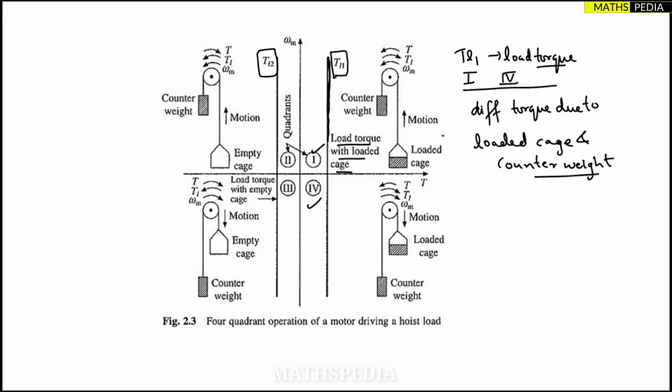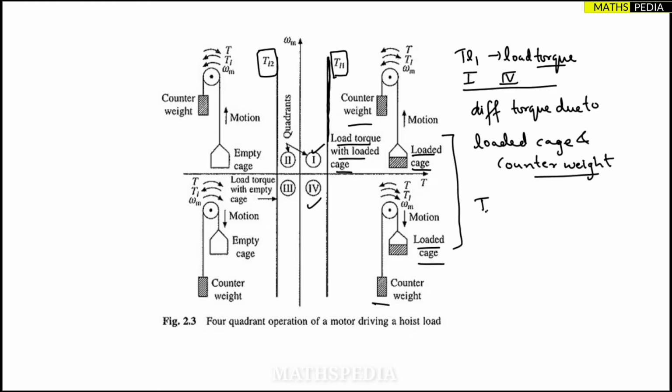That means in these two quadrants, first and fourth, they have considered the loaded cage. One end is the loaded cage and the other end is the counterweight. So TL1 is the torque associated with the first and fourth quadrant, and it is the difference of the torque due to the loaded cage and the counterweight.